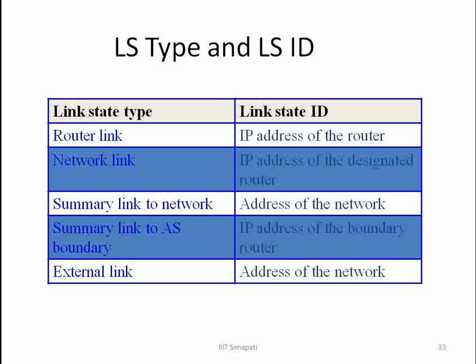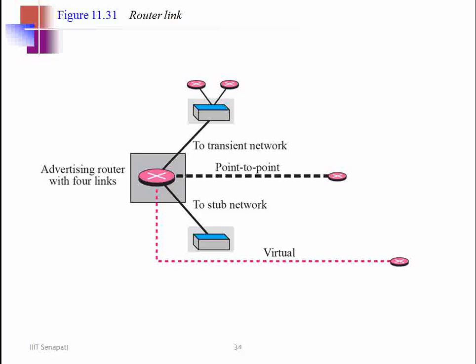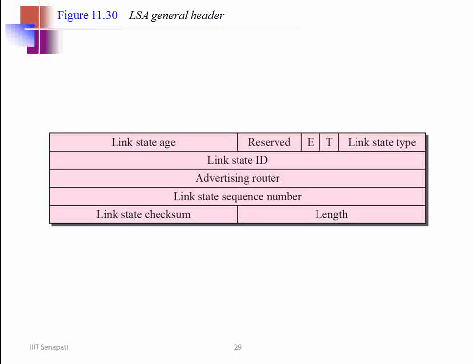Along with that, there was the link state checksum. Have I mentioned it? No. Okay. So there was link state checksum and length. The link state checksum is not the usual checksum. Instead, the value of this field is calculated using Fletcher's checksum, which is based on the whole packet except for the age field.